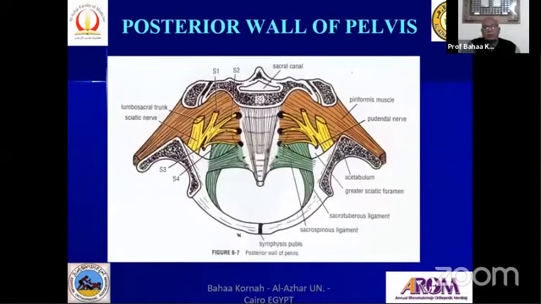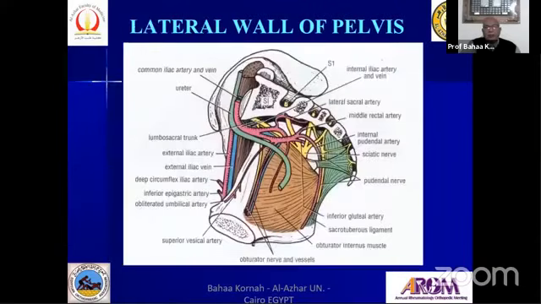This is the content and the nerves and their relation to the ventral aspect of the sacrum. And this is the lateral view, showing the relation between the vessels and the sacrum. So it is very important to exclude internal hemorrhage when you have an injury to the sacrum.